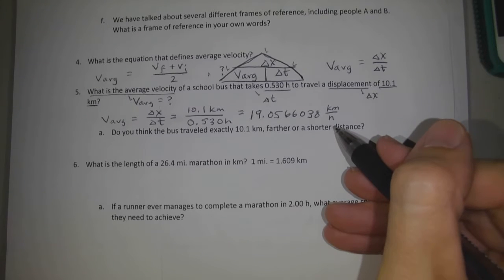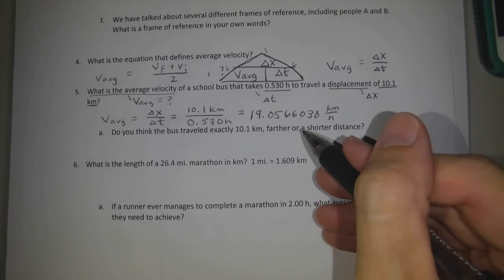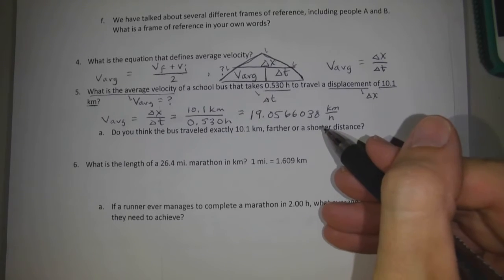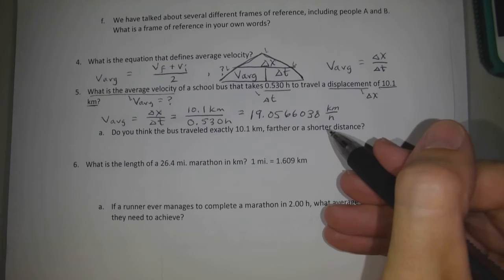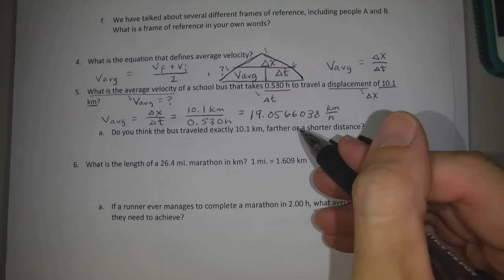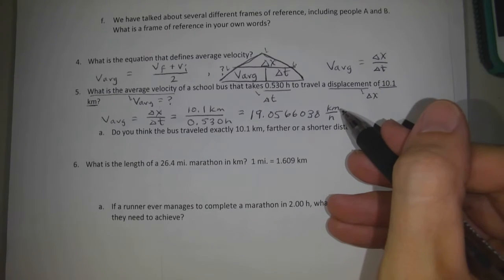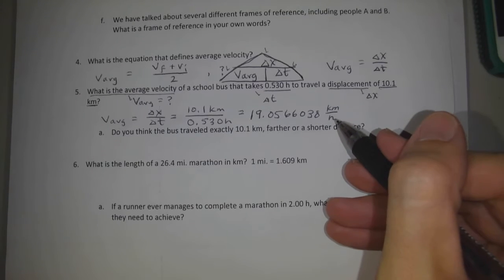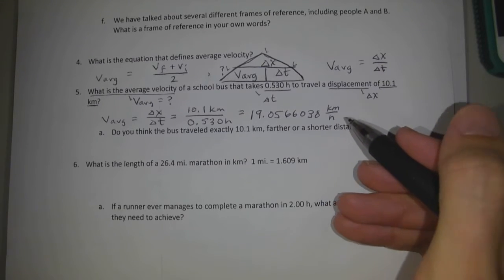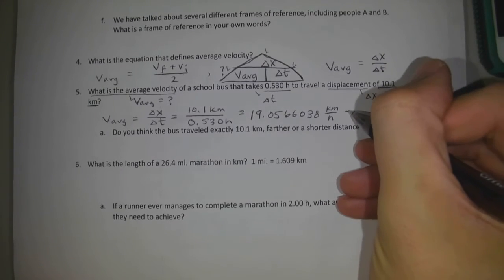If you were warmed up and you were pretty athletic, you could run this fast for a short amount of time. But I suppose it's possible. School buses are slow, and it's not a ridiculous number. And our units make sense. Like, if I'm talking about a velocity, it should be a distance divided by a time. Good. Kilometers per hour. Yeah, my speedometer says that, even though I never look at it.